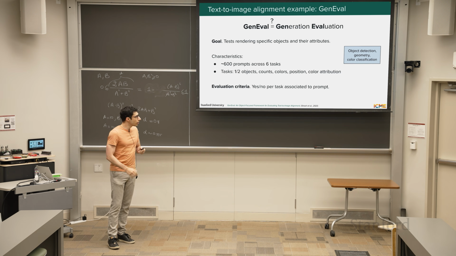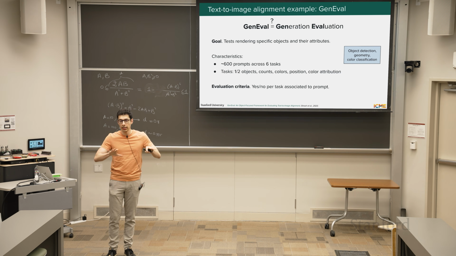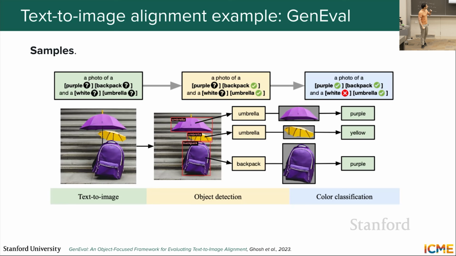So the judges here are object detection models that will come in and then detect whether the right objects or the right colors were generated. So this is one example. You have a photo of a purple backpack and a white umbrella, and you want to make sure that both objects and colors are correctly attributed.